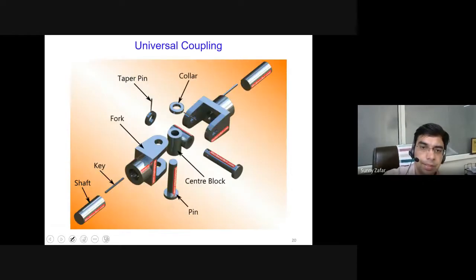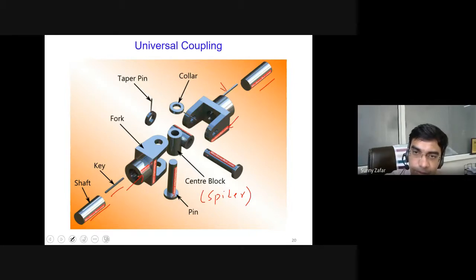If you look at the exploded view of this universal coupling, you can see that this is the center block, also known as the spider. The shaft is keyed here to this fork, and the other shaft is keyed here to this fork. This is the key.